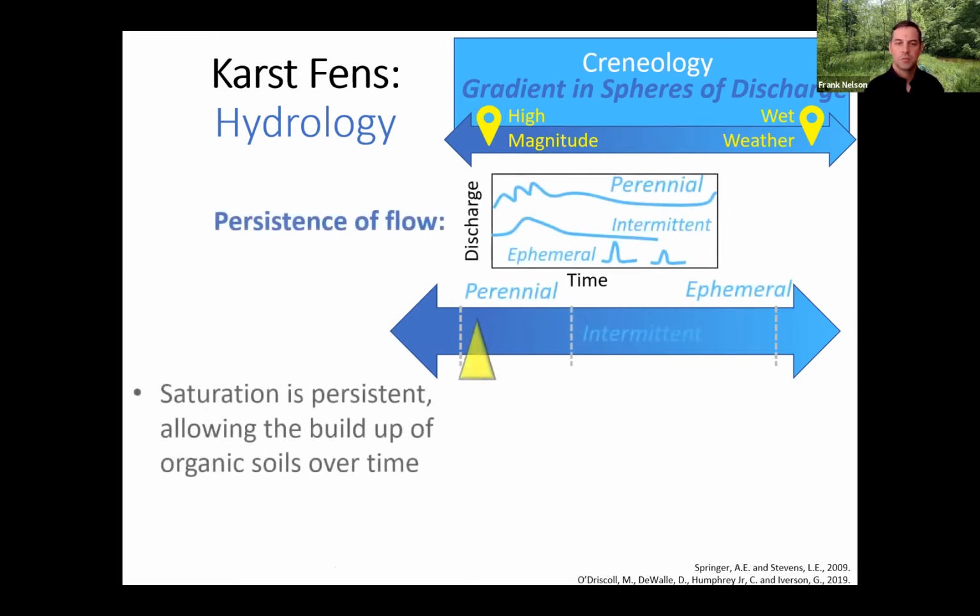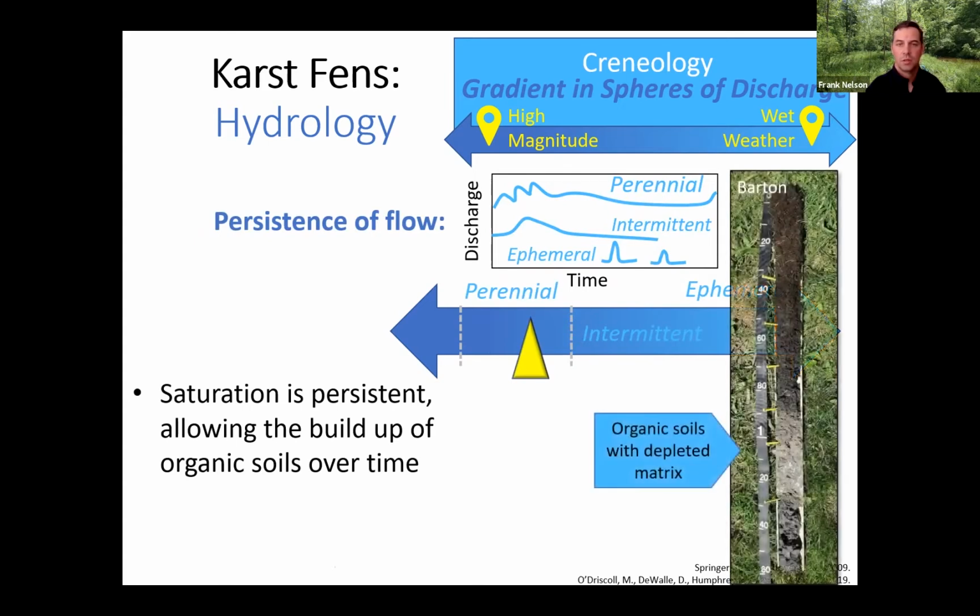In terms of persistence of flow, it is on the perennial end of the spectrum. These are wet enough and persistent enough that organic matter is being built up over time. Here's a cross section. You can see the dark organic matter and also the depleted matrix, showing that these are staying saturated for long periods, essentially perennially.